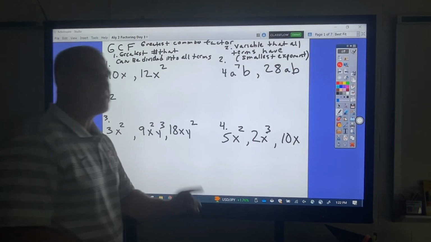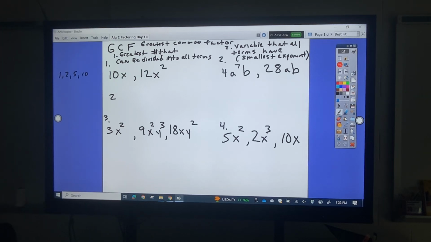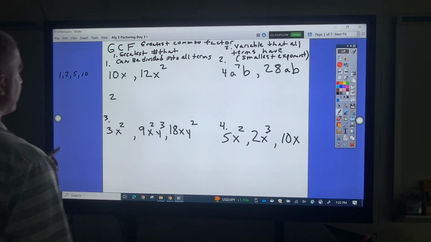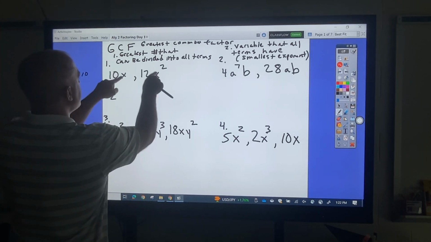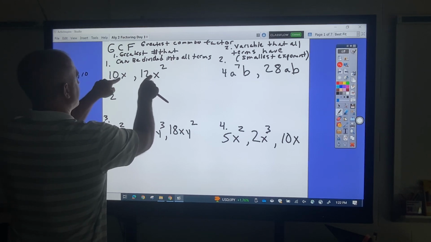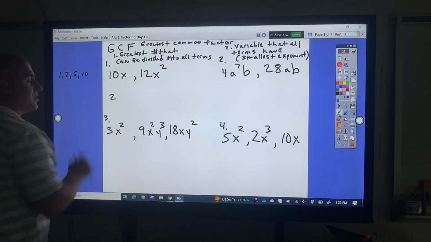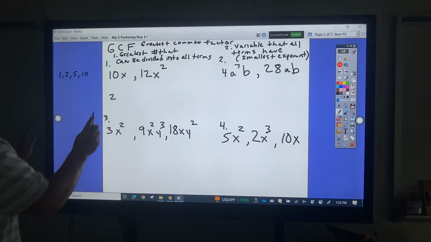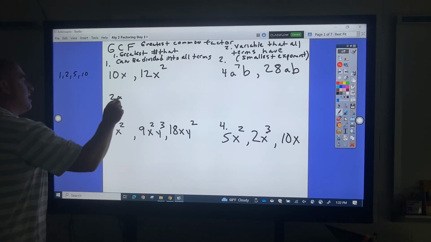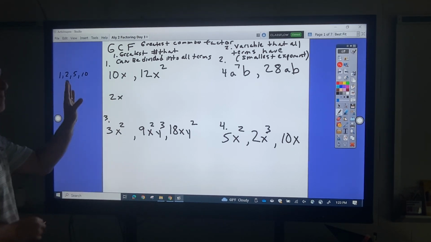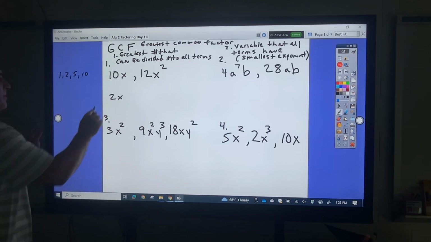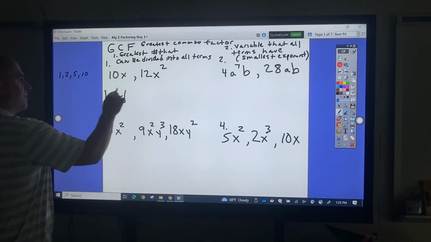Okay, and I know that's the only part about this greatest common factor that's weird. And here's what I mean. They both have a common variable of x, but this one is squared, this one is a 1, or just x. Okay? So the GCF, ironically, even though it sounds like I would pick the bigger exponent, I'm actually going to pick the smaller one. So this is the GCF here.